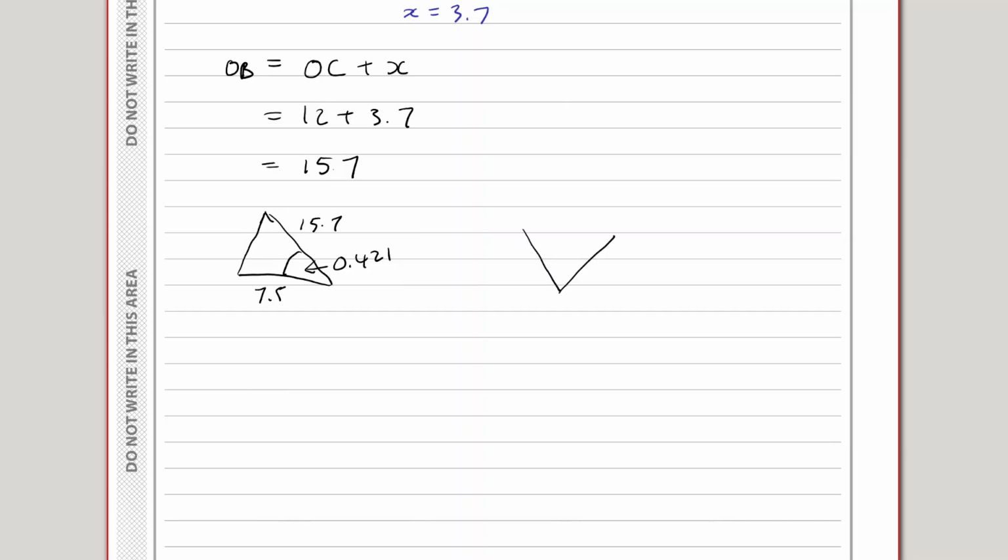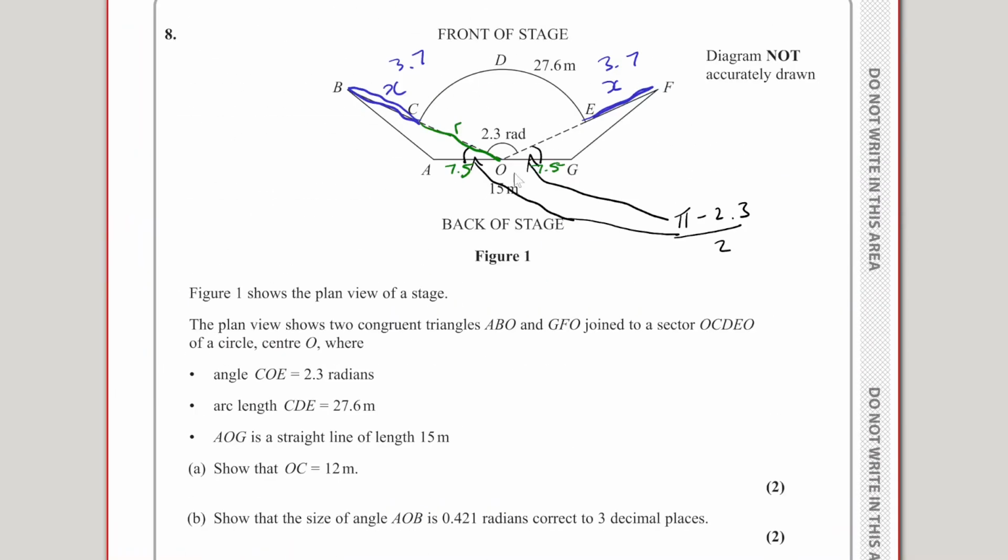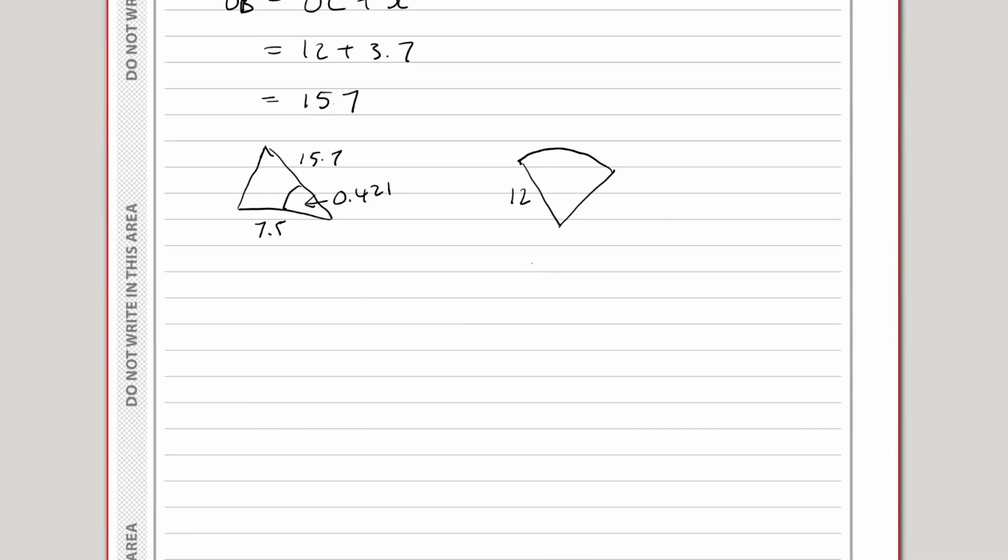And our sector, the radius was 12 and it was 2.3 radians. So we've got to work out the area of two triangles plus a sector, and that will be our total area. So we've got half ab sine C, well, we've got two lots of them.